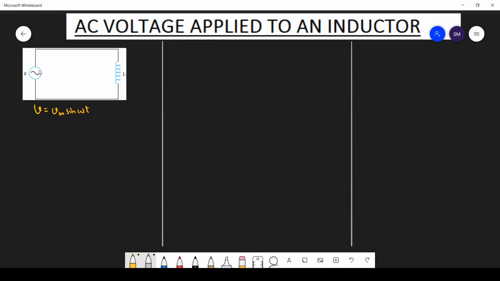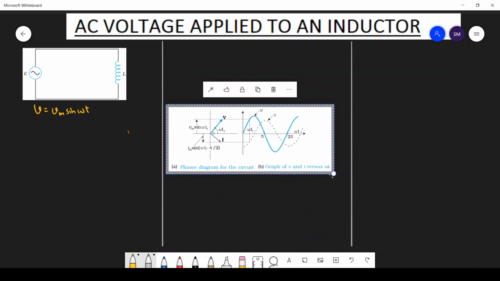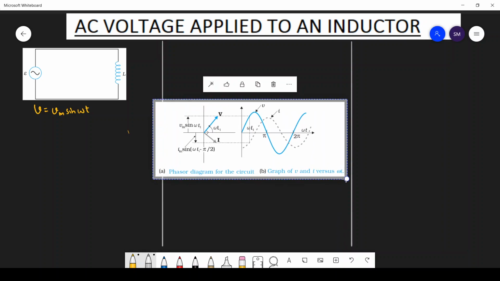Now when the voltage varies, current also varies and its direction also changes. So we can see that in this circuit the voltage and current both vary sinusoidally.